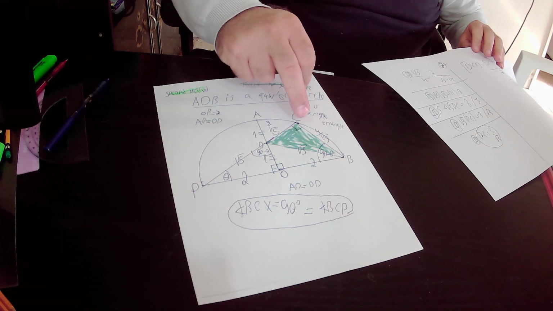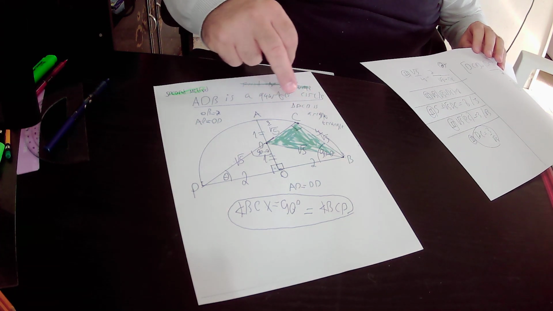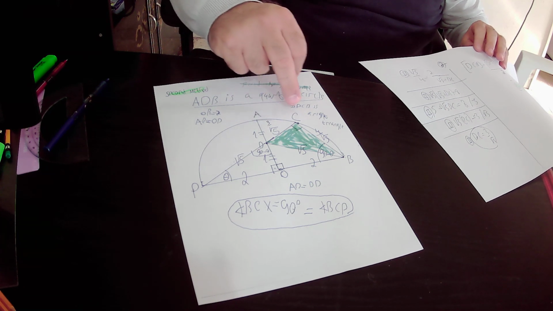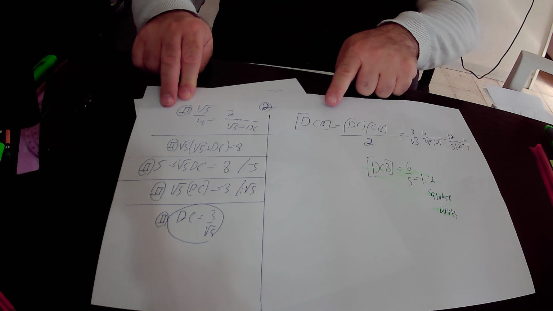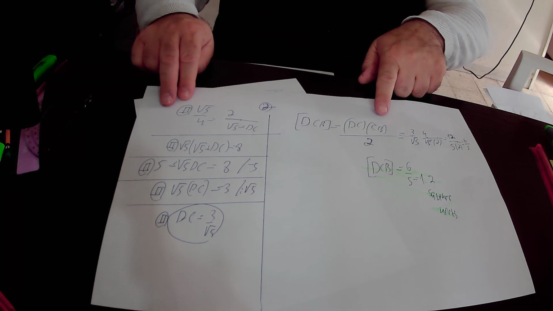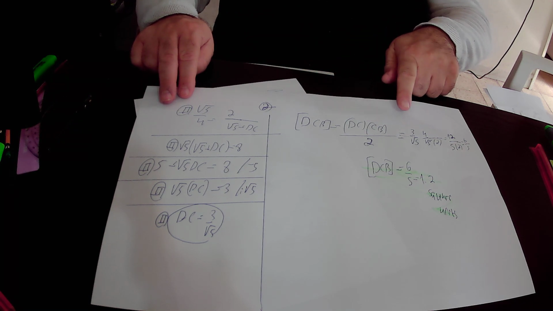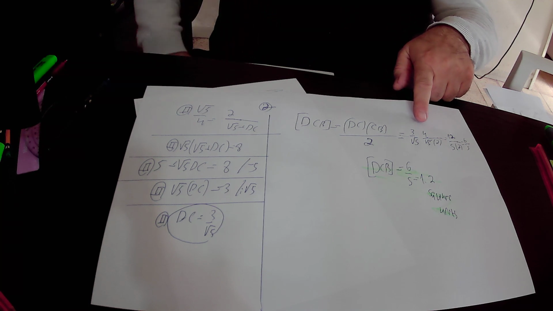So the area of this blue right triangle equals the base, that is DC, times the height of the base, that is CB, over 2. The area of triangle DCB equals the base DC times the height of the base, that is CB, over 2. DC equals 3 over square root of 5 units.